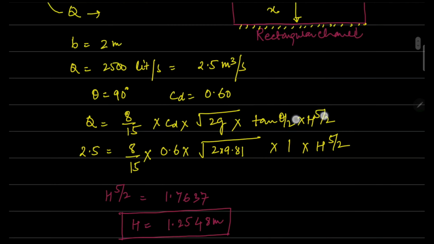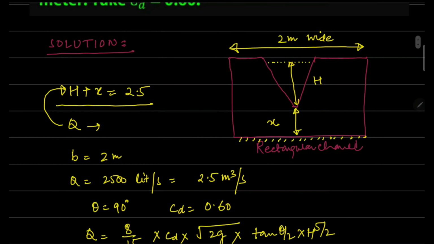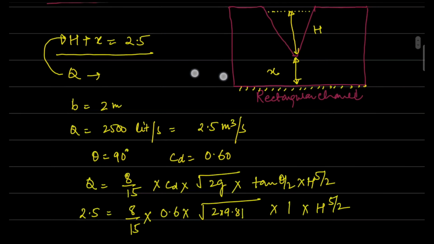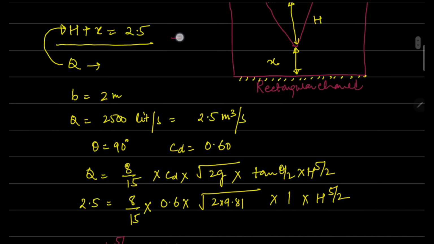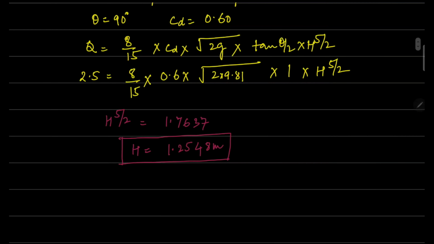Now the value of h plus x is given to us, that should be 2.5. Let's say this is equation 1 and this is equation 2. So let's solve the problem from equations 1 and 2.